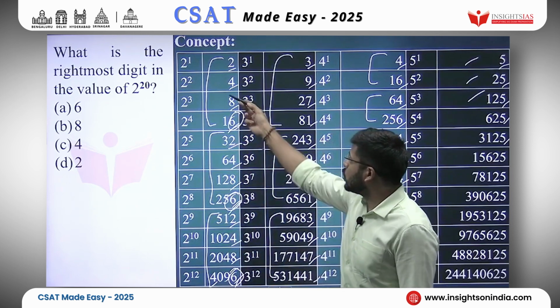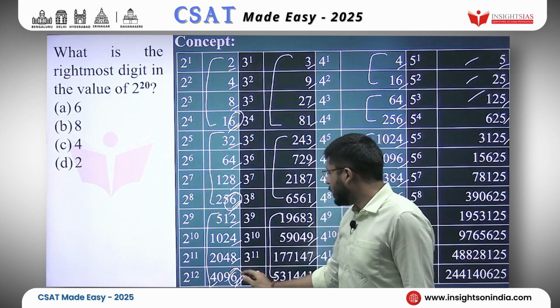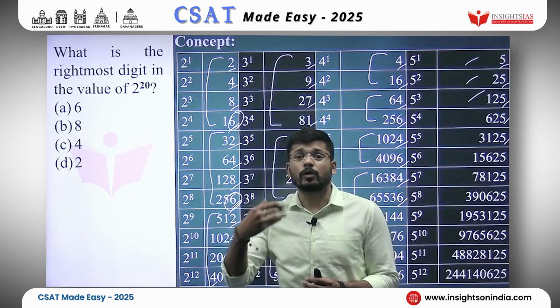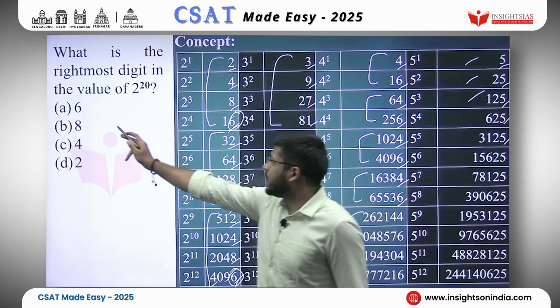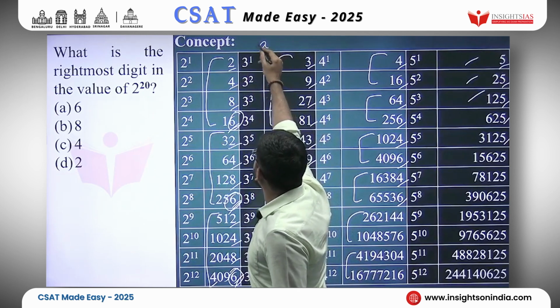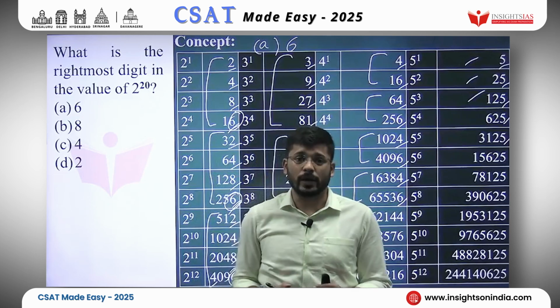So 2 to the power of 4, last digit is 6, 2 to the power of 8, last digit is 6, 2 power 12, last digit would be 6, and 2 power 16, the last digit would be 6, and 2 power 20, the last digit would again be 6. So your answer would be Option A, 6.